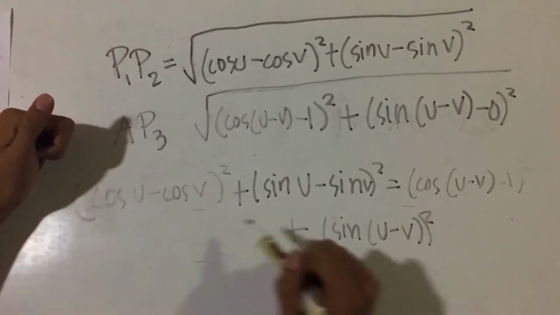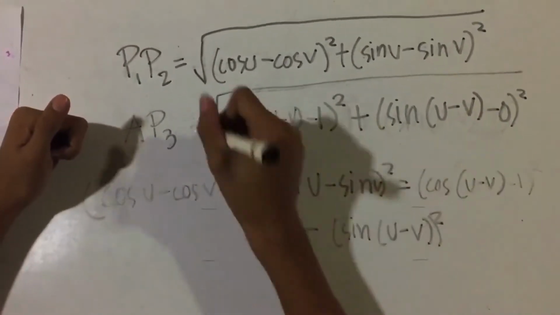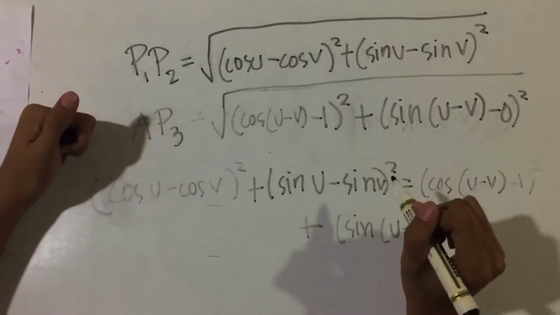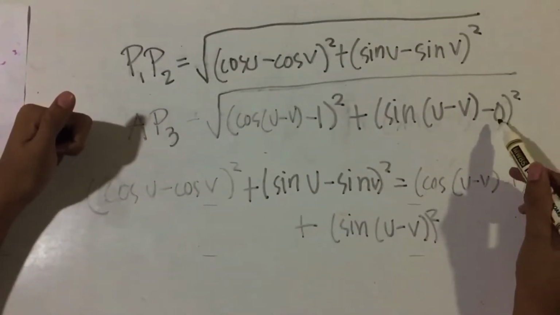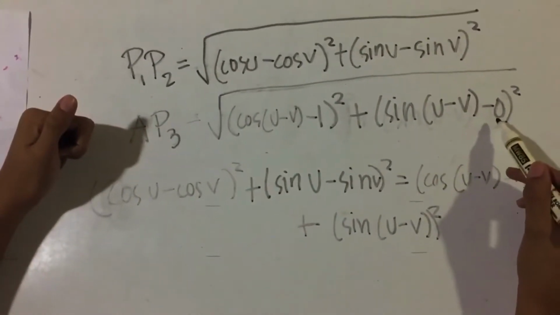So we extract the square roots since these two are equal. And also we eliminate the 0 since the 0 has no value.